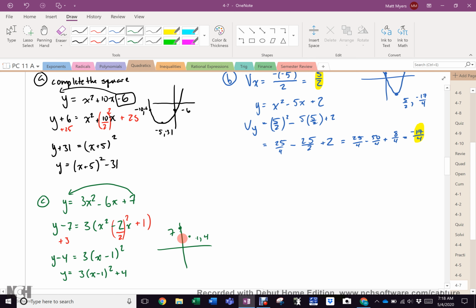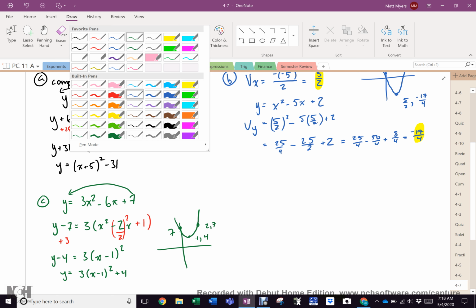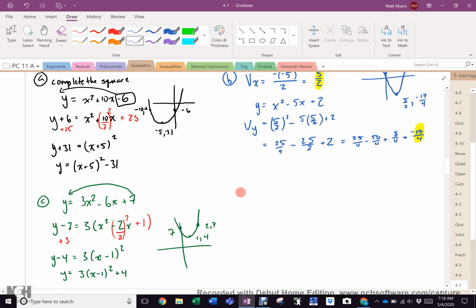If I go over 1 on the x-axis, I go up ax squared. Well, a is 3, 1 squared is 1, 3 times 1 is 3, so I'm doing this one right, because I went over 1 and I went up 3. So then if I go over 1 here, I'm up 3, and that is 2, 7. And there's my parabola. And lastly, let's do it in a jaunty color. Let's do this one in purple.